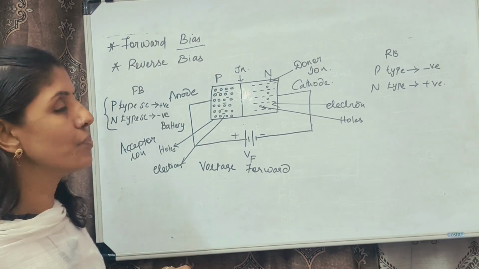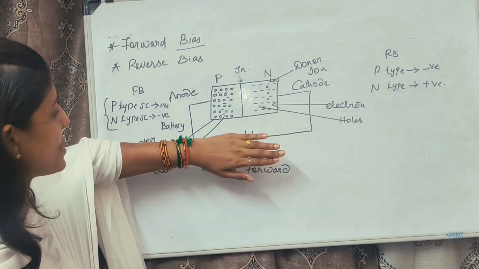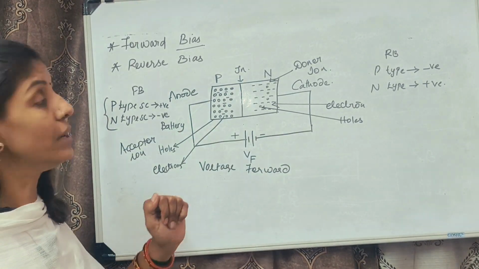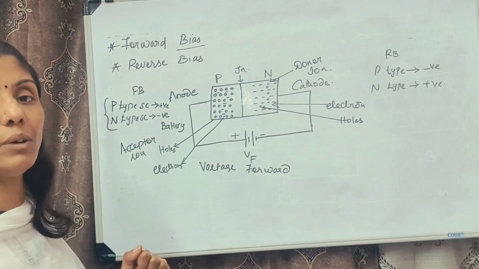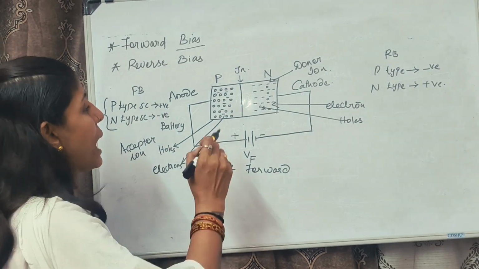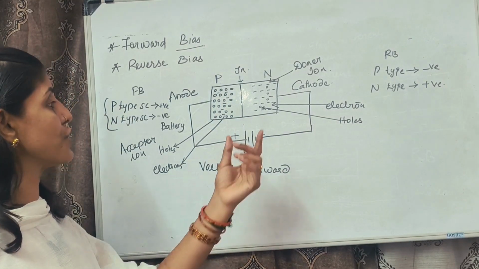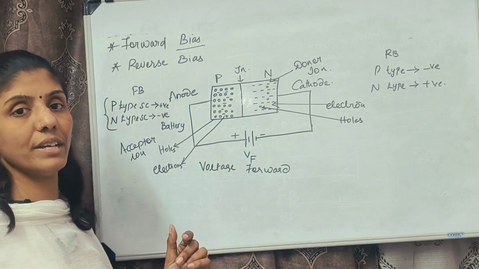In the unbiased PN junction, what is actually happening? Just consider that you are not applying any voltage. So this is P and N. At that time, what will happen? In P, holes are the majority charge carrier, and in N, electrons are the majority charge carrier.